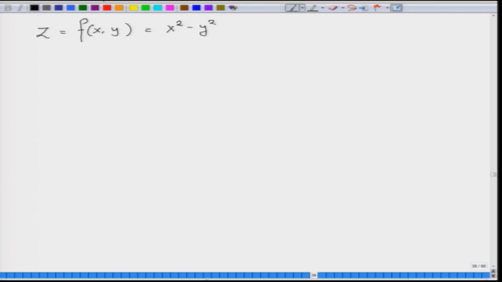So here again, if I have the three coordinates, then the shape of this surface looks like this.